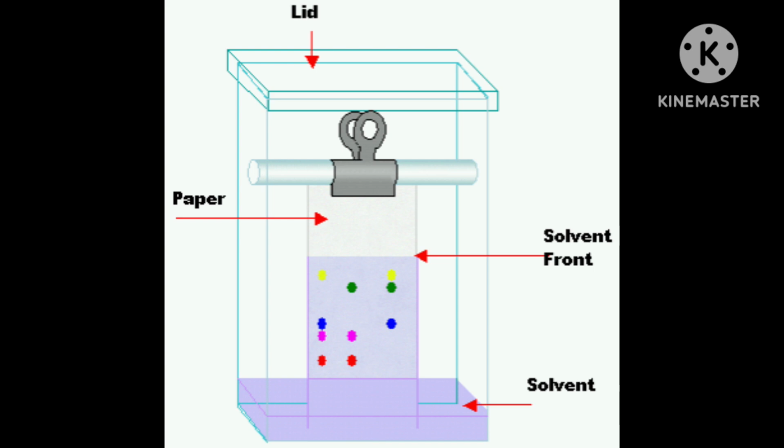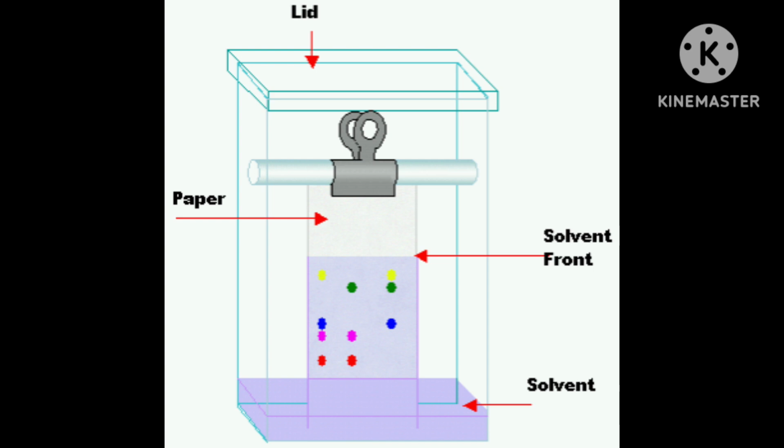Now after that, a strip of chromatography paper is spotted at the base with the solution of the mixture which you want to separate.